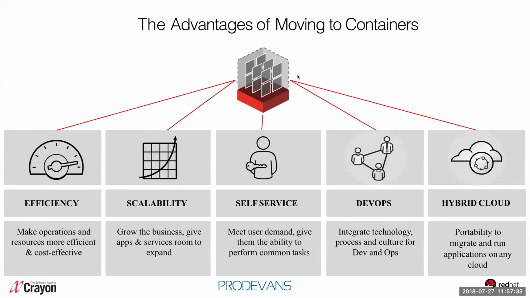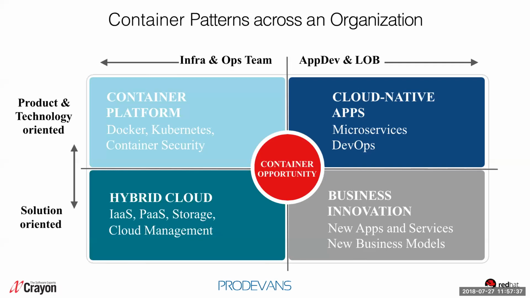So if you have understood, then these are the four blockers. I'm thankful, I picked this from an international event of Red Hat, where it talks about the container patterns across an organization, and how your focus is actually distributed.